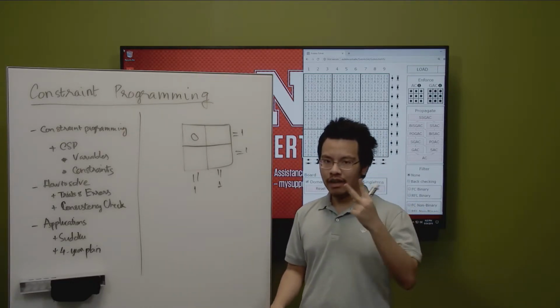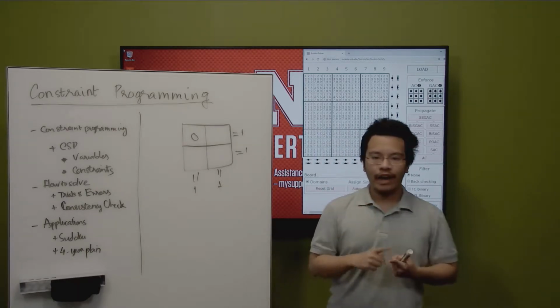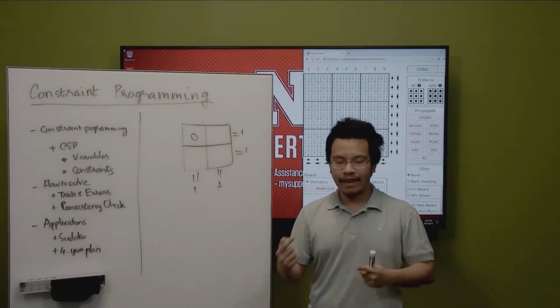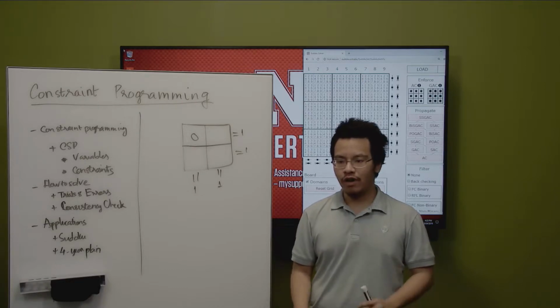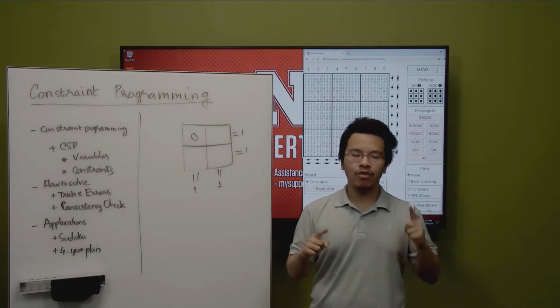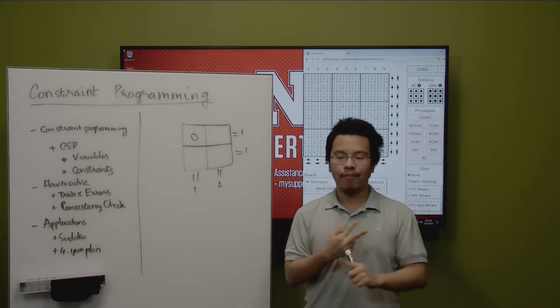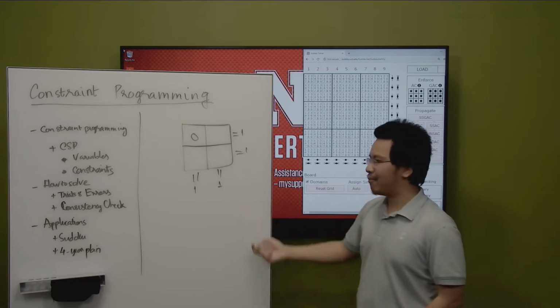We have two methods. The first method is called trial and error. In trial and error, what we do is repeatedly and systematically try every combination of values for those variables until we find a correct solution or we run out of combinations. Okay, let's get back to our example.